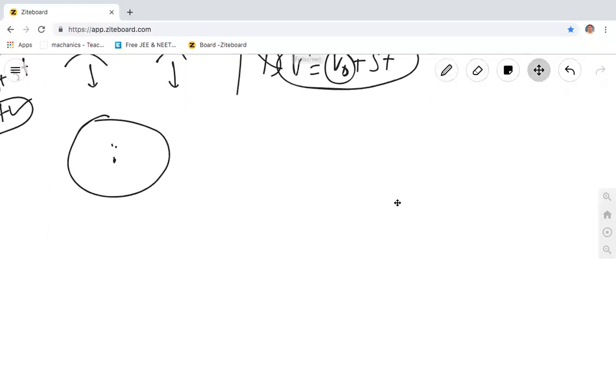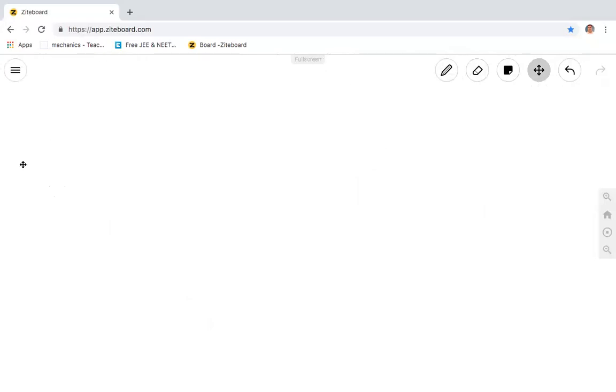Anything else? No, not from this chapter. Okay. Any question from projectile motion? No, projectile motion, I think I understand well now.